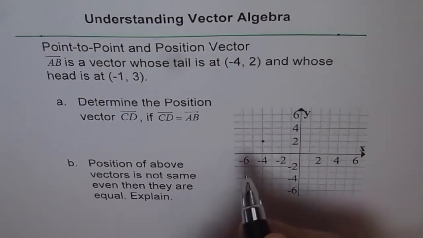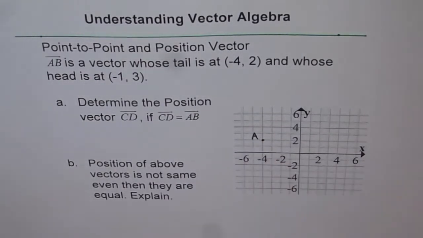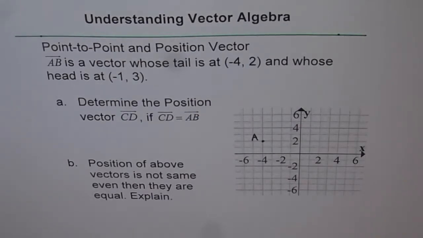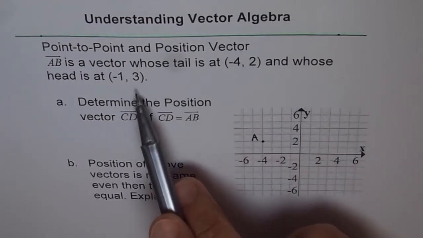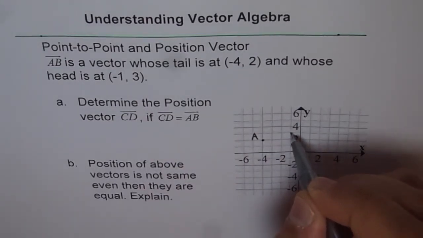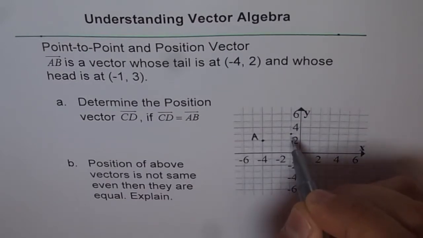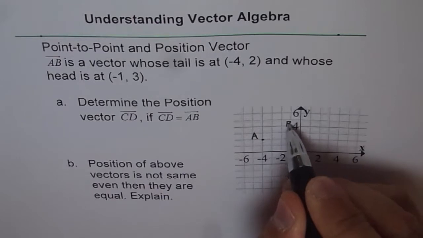The point here will be labeled as A. Okay? So it is from A to B. And where is B? B is the head of this vector, which is at -1, 3. So -1 and 3 is this point. That is the head of the vector, and we will call this B.